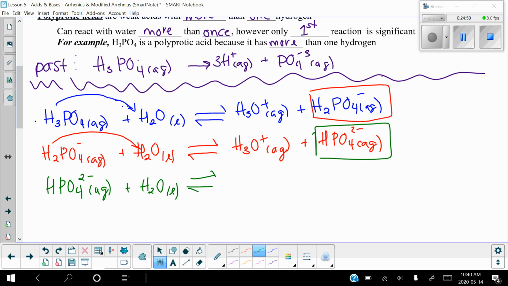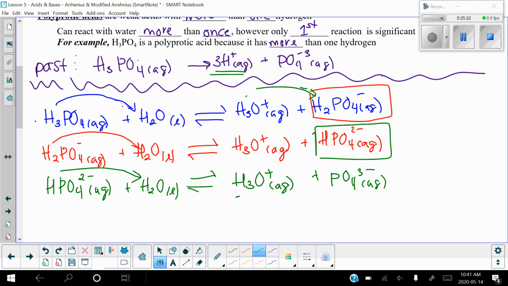So on one side, it's losing the hydrogen, but on the other side, it can gain a hydrogen back and then go back to being phosphoric acid. It's going to donate another hydrogen, gives me H3O plus aqueous plus PO4 3 minus.